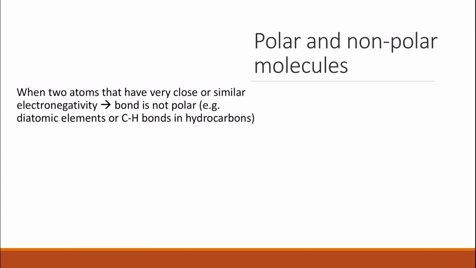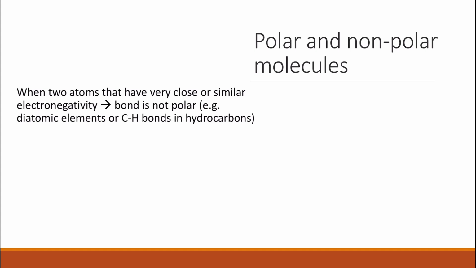We can also see it in the bond between carbon atoms in hydrocarbons in organic compounds, and also between carbon and hydrogen, because the difference in electronegativity between carbon and hydrogen is very small, so it's almost considered that there is no difference. So the bonds between carbon and hydrogen are not polar.